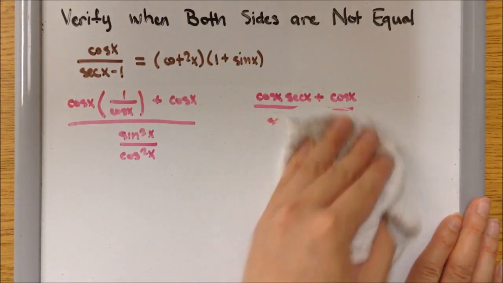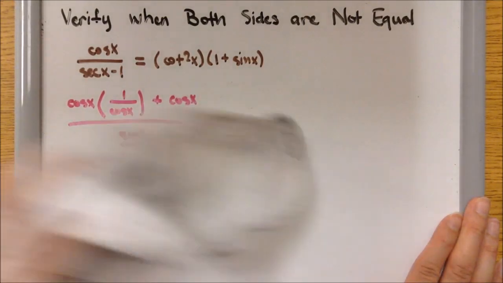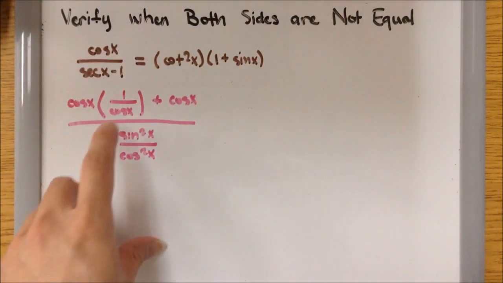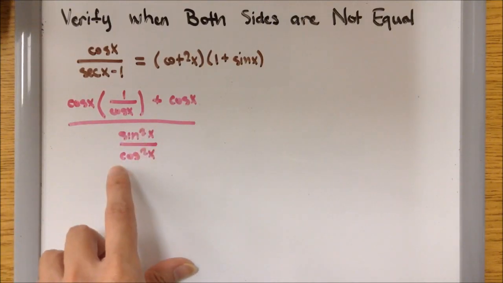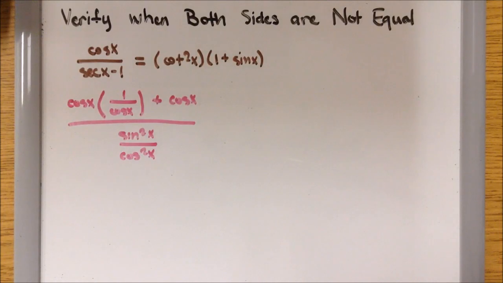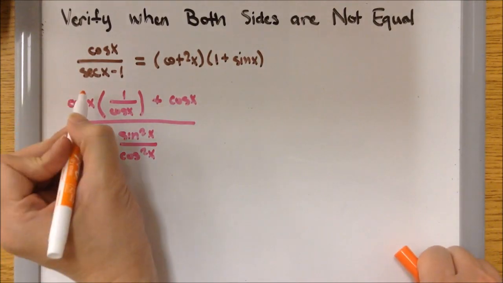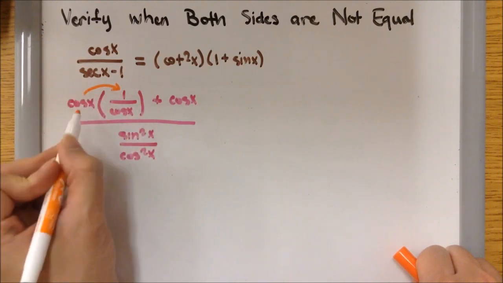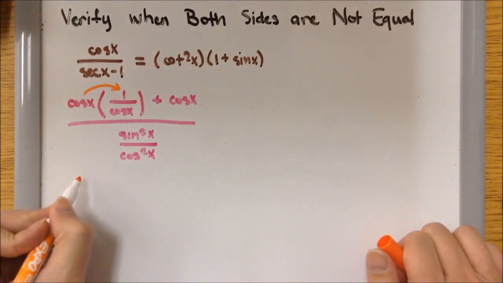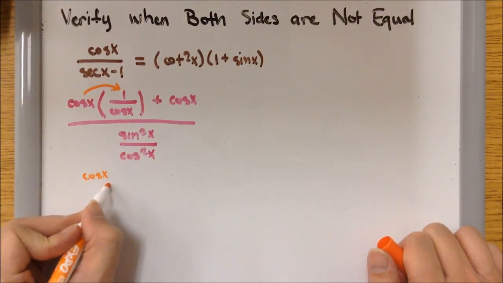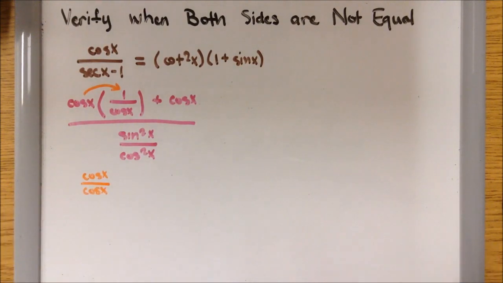Alright, so we have cosine x times 1 over cosine x, and then plus cosine x over sine square x over cosine square x. Now, the first thing that we can do to simplify is distribute this cosine x to the numerator. Remember, cosine x is like a whole number, just multiply it to the numerator. So, we're going to have cosine x divided by cosine x, and then everything else stays the same.